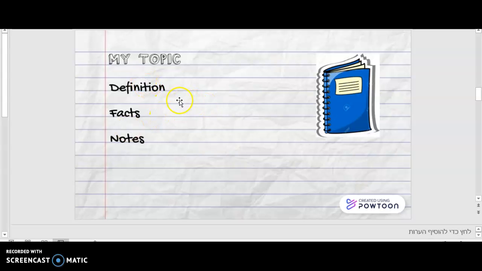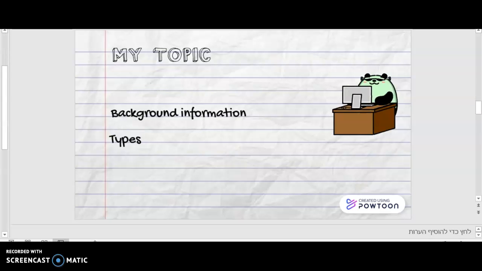So for instance, if you choose to write about, let's say, volunteering, you have to define what volunteering is, what violence is, what bullying is. You have to give it a holistic definition and give some information about it, facts, notes, and other things as you see here in the following slide.